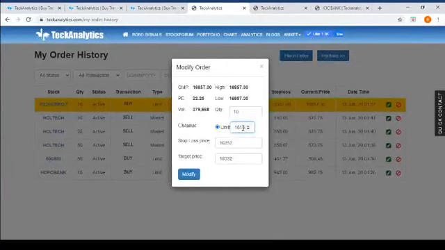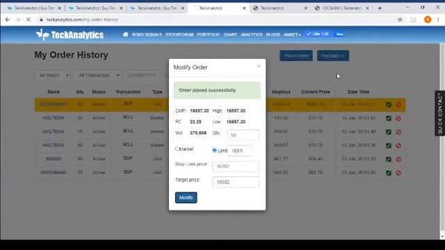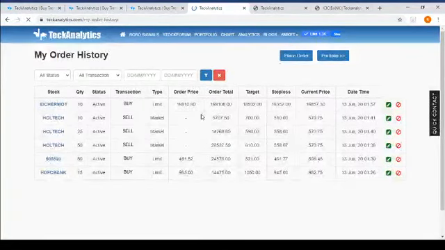Okay, I want to, instead of 800, buy at 900, and you put modify, right? So actually the CMP is 857, and we have placed the order at 16,910. That's fine, this is just for demo, right? So you can modify this, and you will see what's happening with your order.